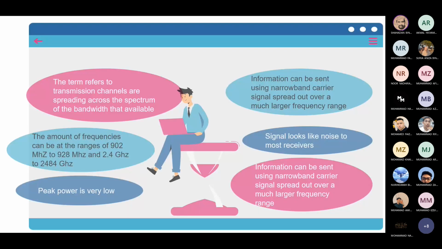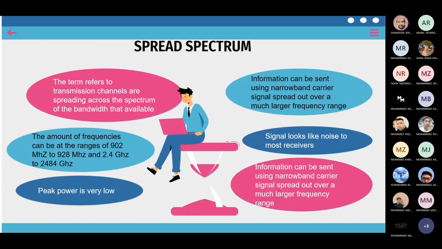So spread spectrum technology refers to the transmission channels that are spread across the spectrum or the bandwidth available in the network. Information can be sent using a narrowband carrier signal spread out over a much larger frequency range. The frequencies in spread spectrum are in the range of 902 MHz to 938 MHz, and also 2.4 GHz to 2.484 GHz.